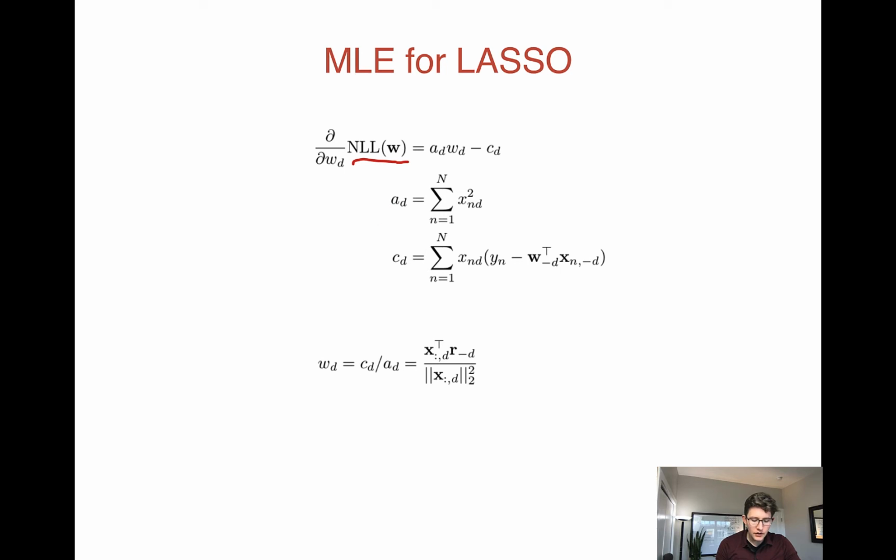So we have this thing which depends just on x, and CD is this thing that depends on x times the difference between yn and this thing here. We're writing w minus d as the vector w with all of its dimensions except for d.